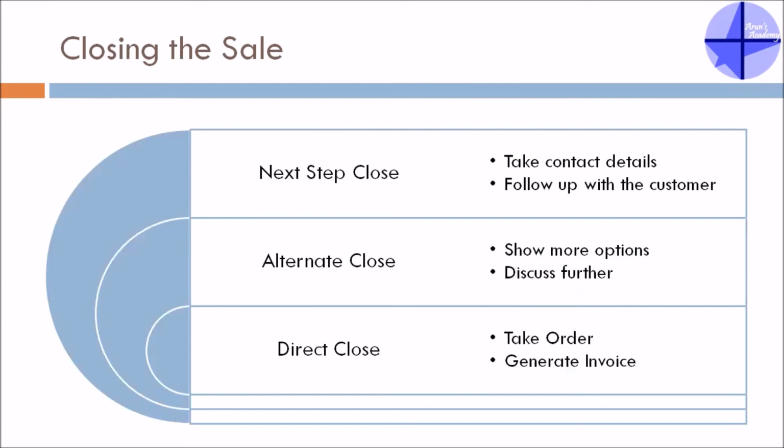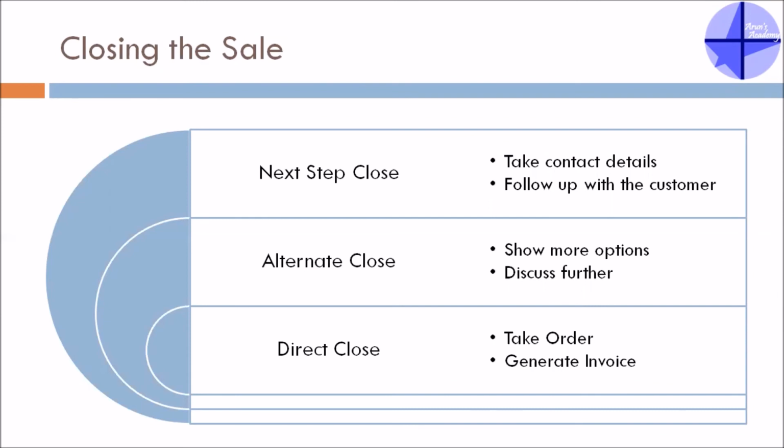A customer who's doing a direct close is very sure about the kind of product he is looking for, features, the variant, and so on, which is not very normal. But still it happens around 10% of the time. If you can make more direct closes, you are just lucky or you are very special.